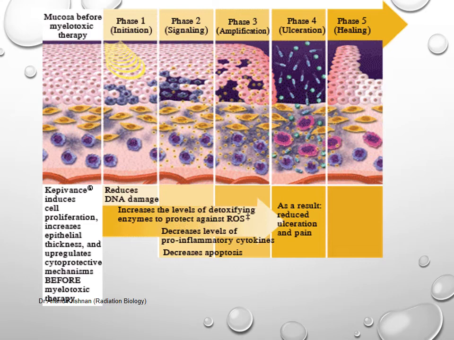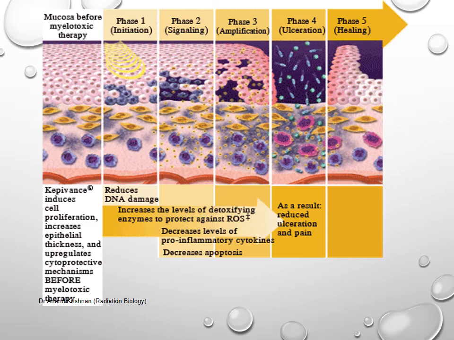It then progresses to amplification, where there is a decreased level of pro-inflammatory cytokines and decreased apoptosis, and finally progresses to phase 4, where there is rupture or discontinuation of the mucosal membrane, which leads to ulceration and erythema, which also leads to inflammation and pain.